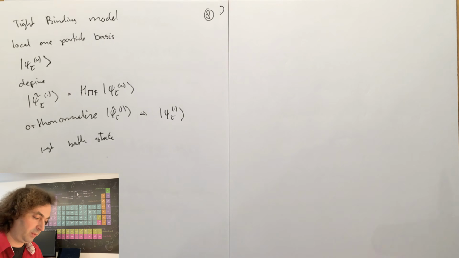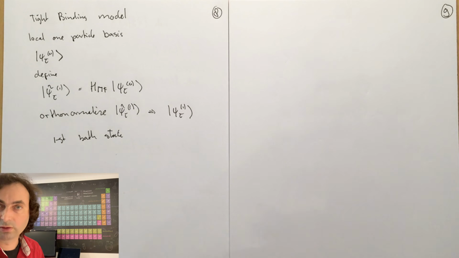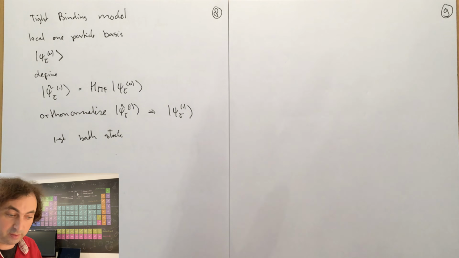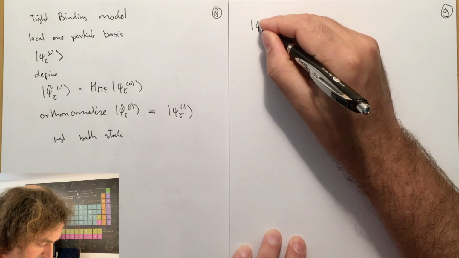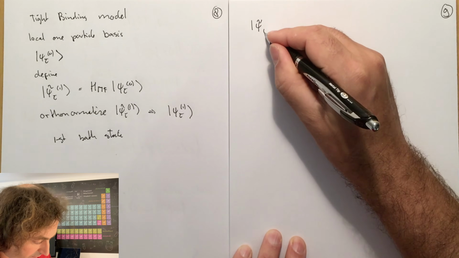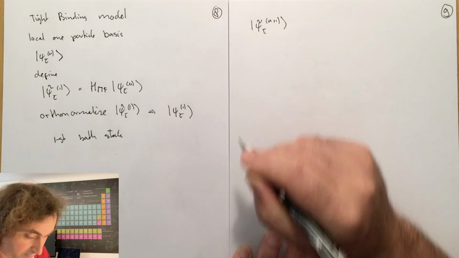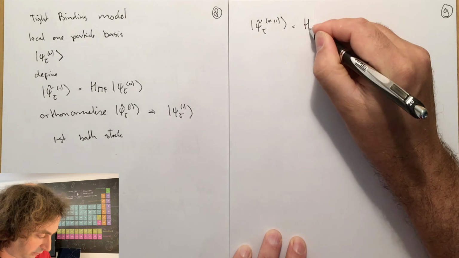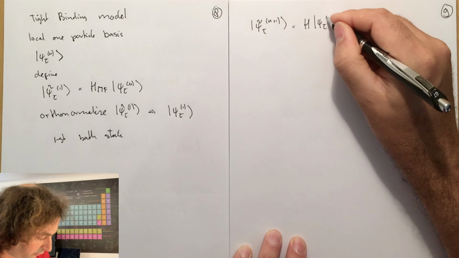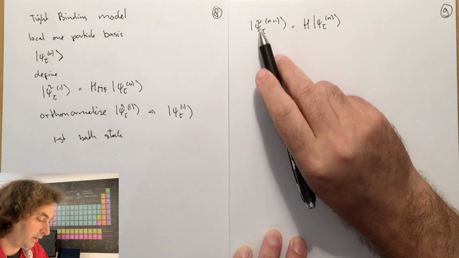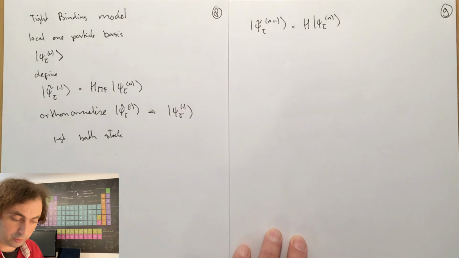Now we want to generate in the end an infinite dimensional set of bath states that we can truncate or that we can reduce, and for that we can define our n+1th bath state by acting with the Hamiltonian on bath state number n. And again, in order to go from tilde to the real bath states, we have to orthonormalize that state.